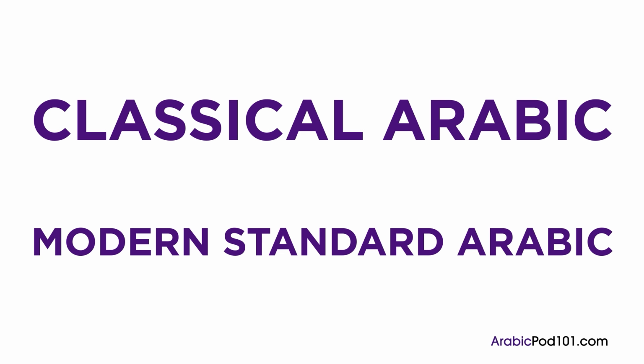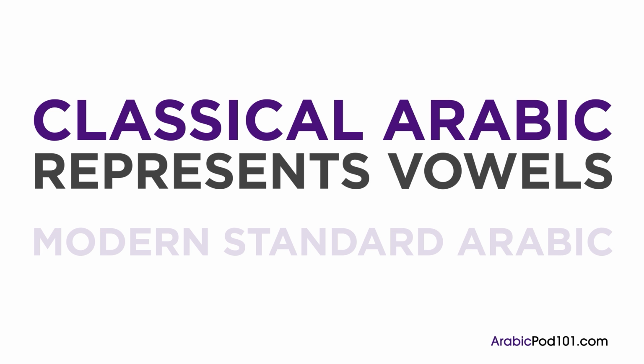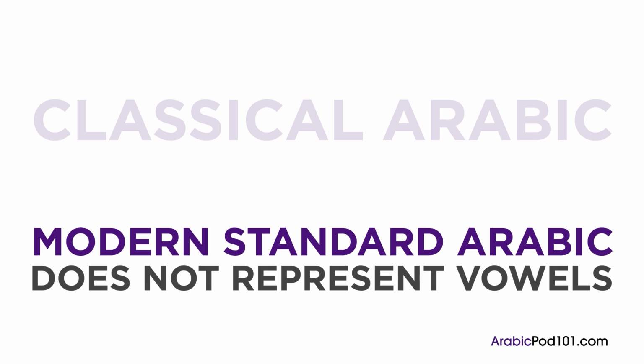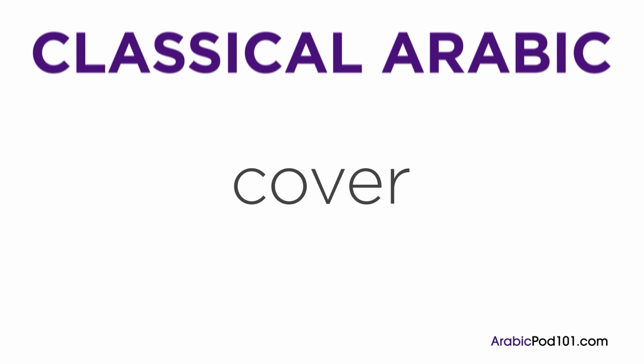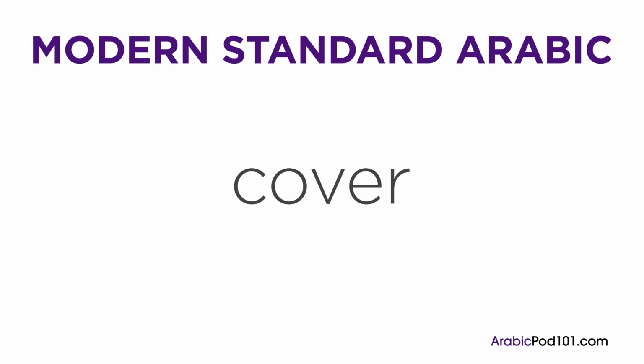The biggest difference between these 2 writing styles is that Classical Arabic represents vowels, while Modern Standard Arabic mostly does not. Let's try to draw a comparison to English to better demonstrate this point. Take, for example, a word like cover in English. It's written C-O-V-E-R. This is how you would write it in Classical Arabic. In Modern Standard Arabic, however, it's customary to omit the vowels.